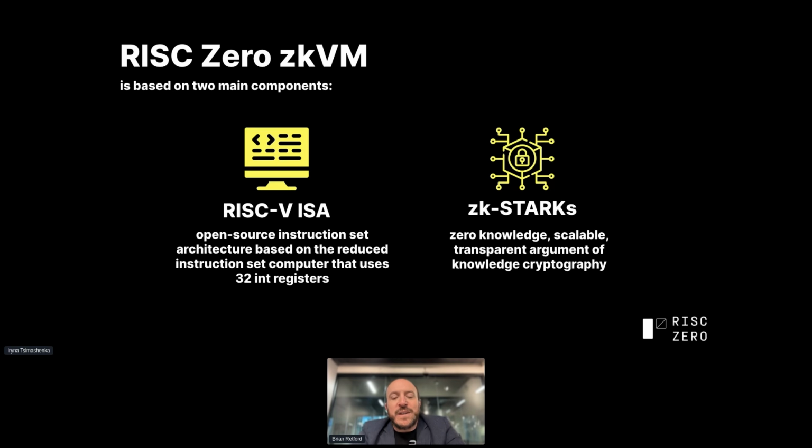So RISC-V itself is like ARM or x86. It's a description of how to program a computer in a way that you can run any program. The circuit that RISC Zero represents, we actually have several circuits, but the main one is this ZKVM.